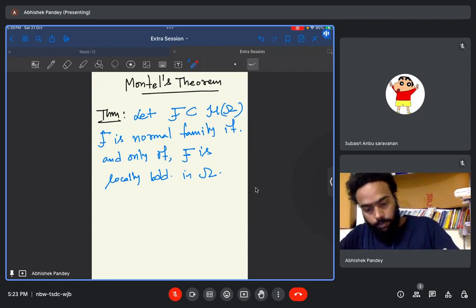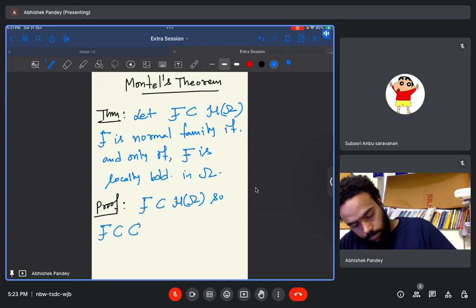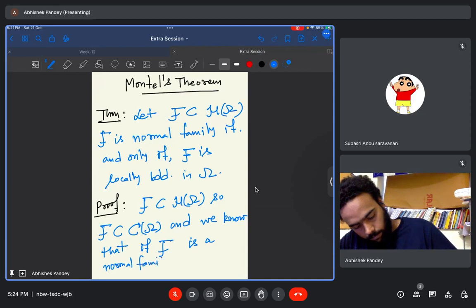Let us try to prove this one. F is a subset of H(omega), so F is also a subset of C(omega), and we know that if F is a normal family, then it is locally bounded.